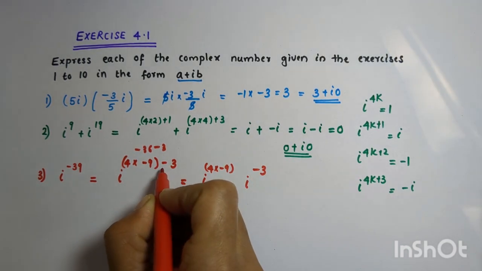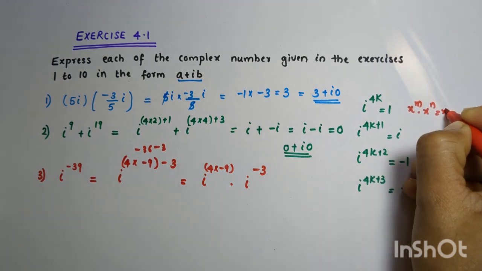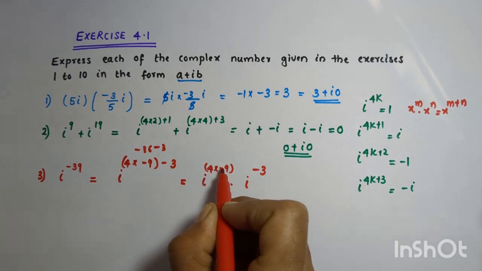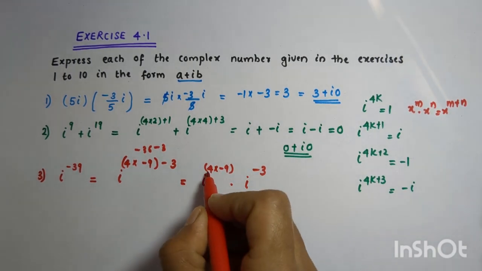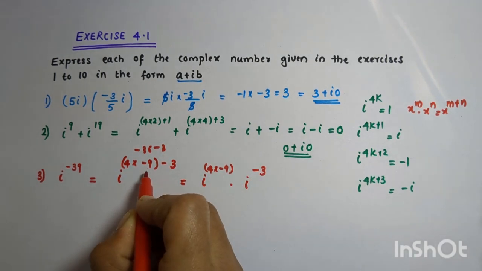Because we have already learned that x raised to m into x raised to n is equal to x raised to m plus n. So i raised to 4 into minus 9 into i raised to minus 3 will be equal to i raised to 4 into minus 9 minus 3, the same thing.